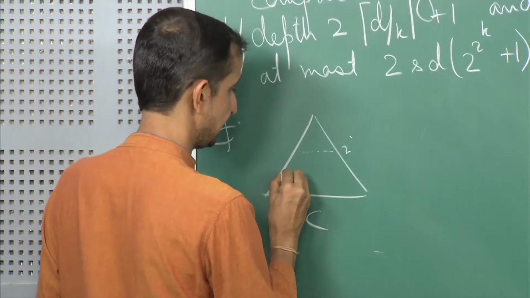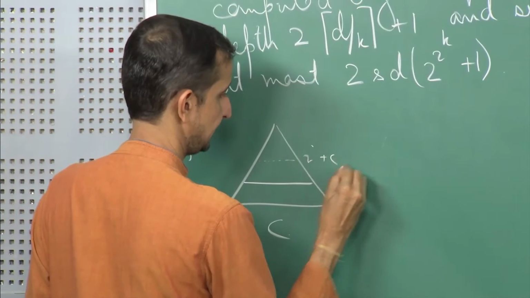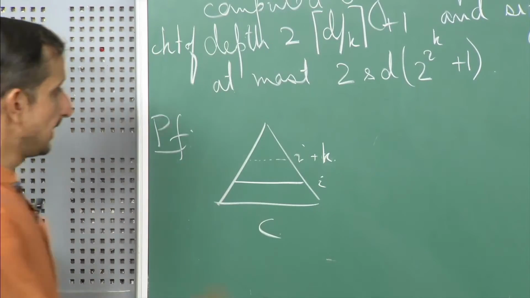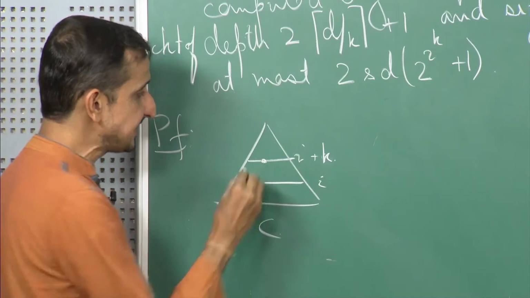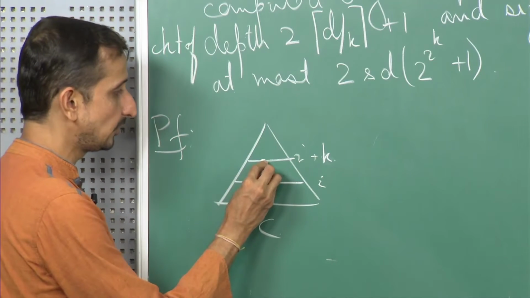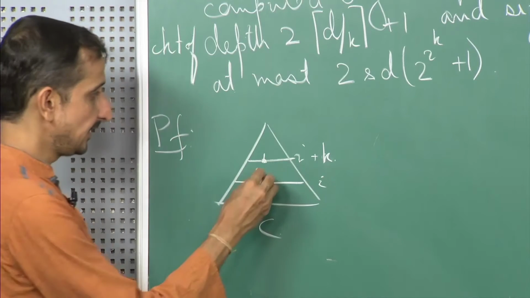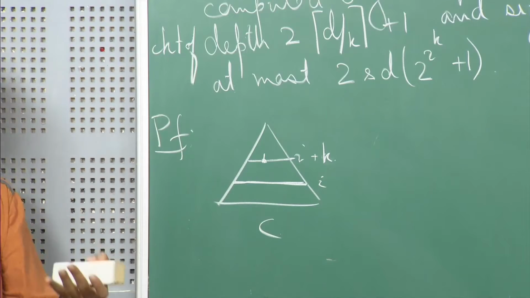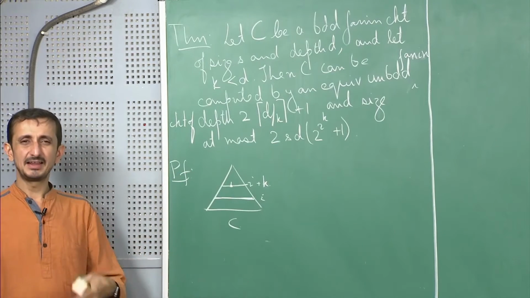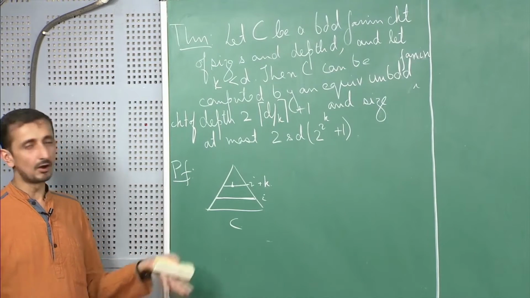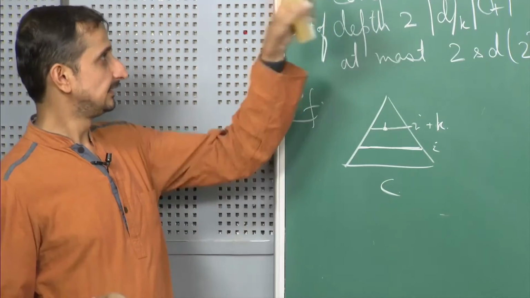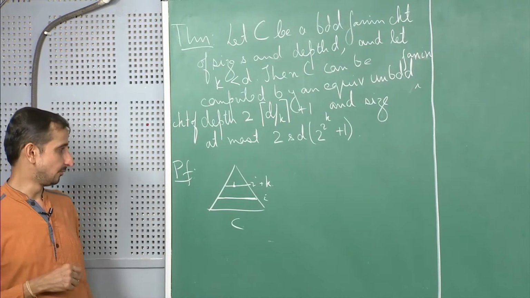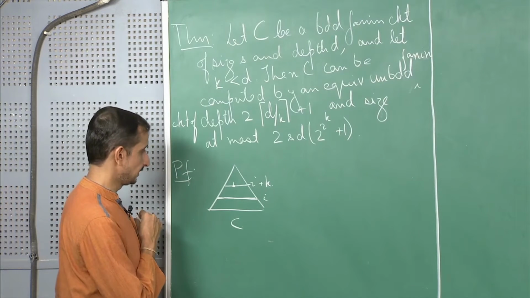Now if I look at any level i in this layered circuit, and I look at level i plus k, I can represent the output of a gate in level i plus k in terms of the gates in level i, up to a depth k. This is a bounded fan-in circuit. Let us assume, without loss of generality, that the bound is 2, so we can assume these are AND, OR and NOT gates which take at most 2 inputs.